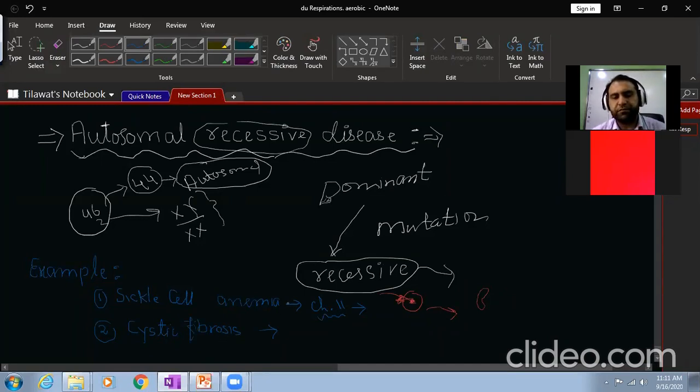Now, cystic fibrosis, this problem happens with chromosome 7, right? In chromosome 7 there is a gene, and that gene codes for a special protein. That protein is present in the membrane of a cell.